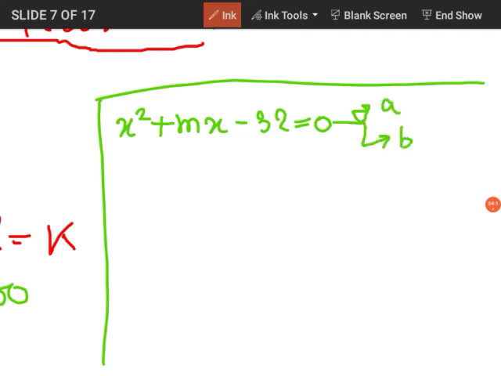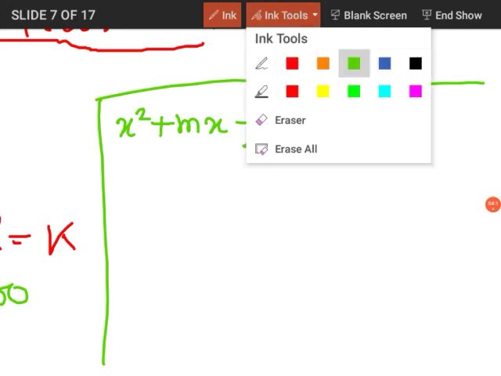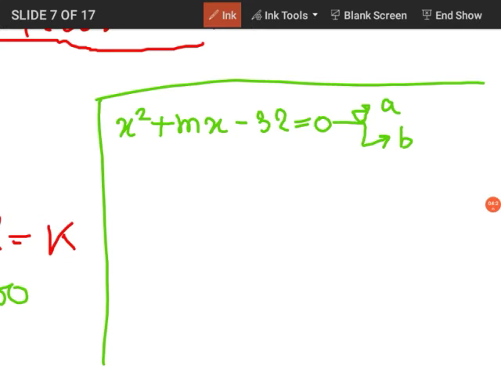We have taken minus 32, so a and b are the roots. Now what is m? m is a constant whose value is a plus b, correct?